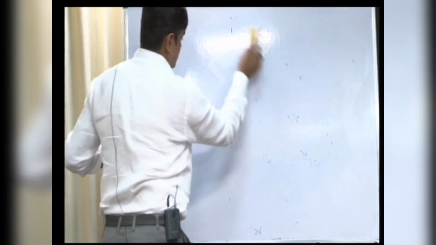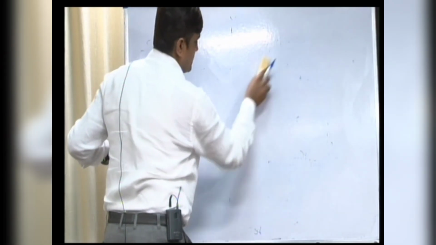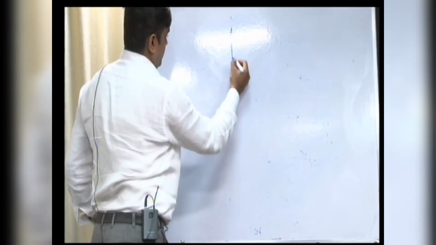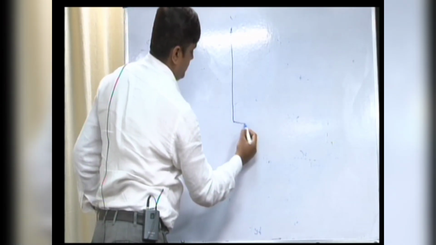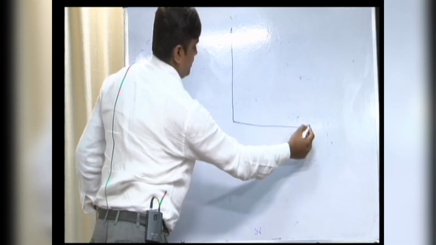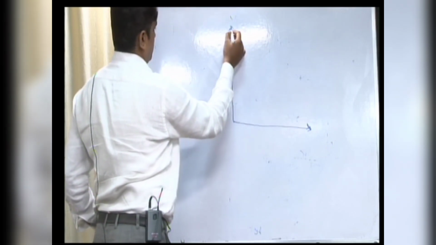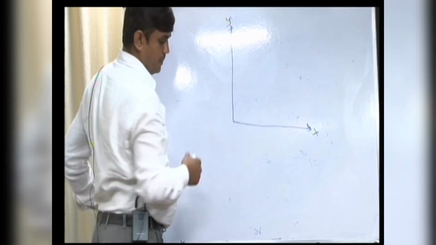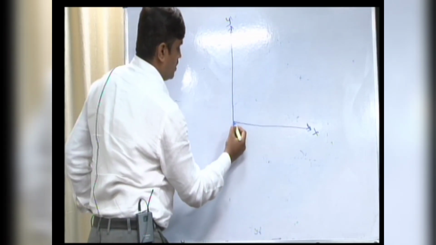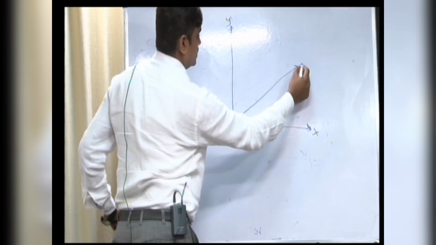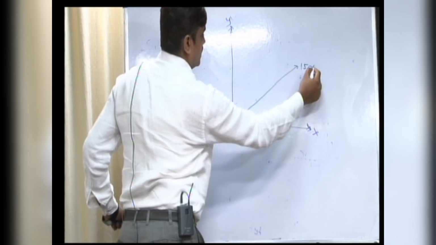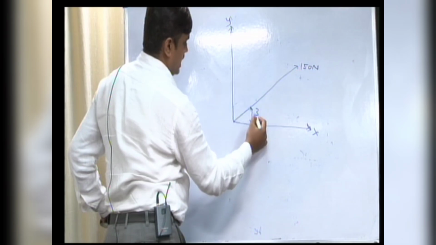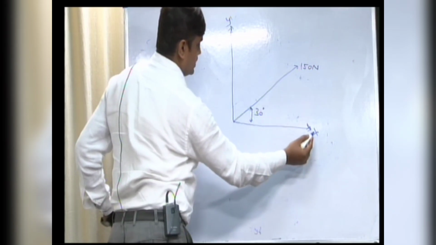Now let us take one simple problem. X axis, y axis. A force of 150 Newton making an angle of 30 degree with the x axis.